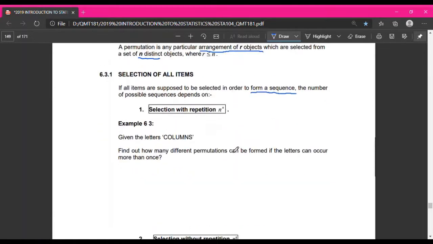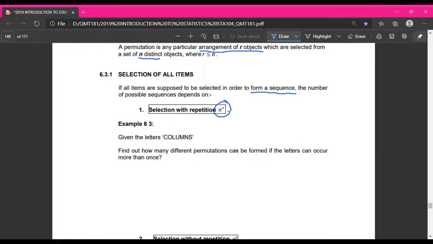Selection with repetition means that once we have arranged an item, we can use it again for the other positions. This is selection of all items, where we use all the items to form a sequence, to make the arrangement. For selection with repetition, the formula is n power of n.